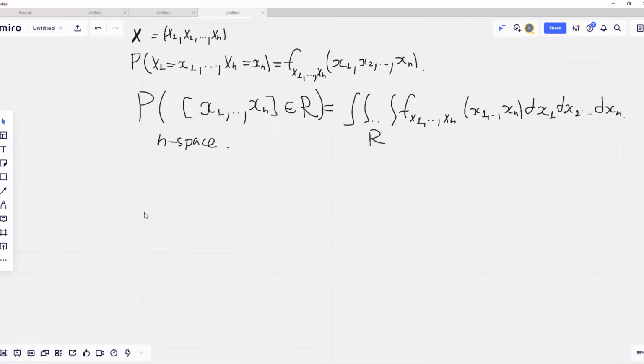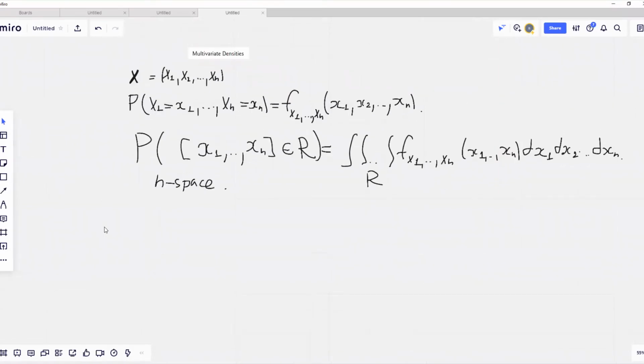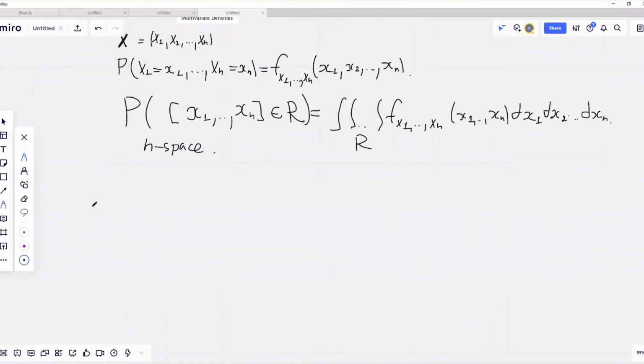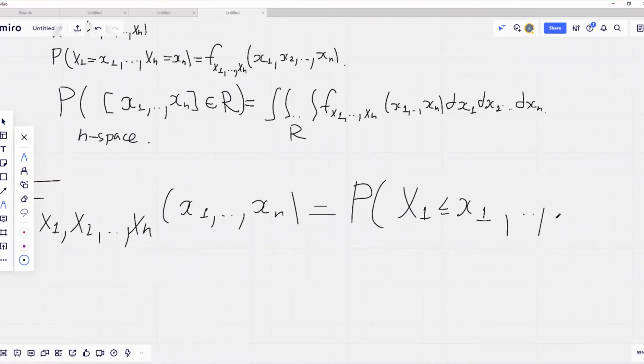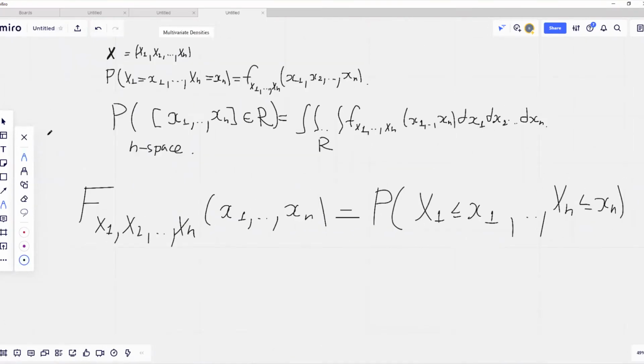Multivariate CDF then defines probability. So big F of subscript x1, x2 through xn at the point x1 through xn defines the probability that the first random variable is less than or equal to x1, the second random variable is less than or equal to x2, and so on. The last random variable is less than or equal to xn.